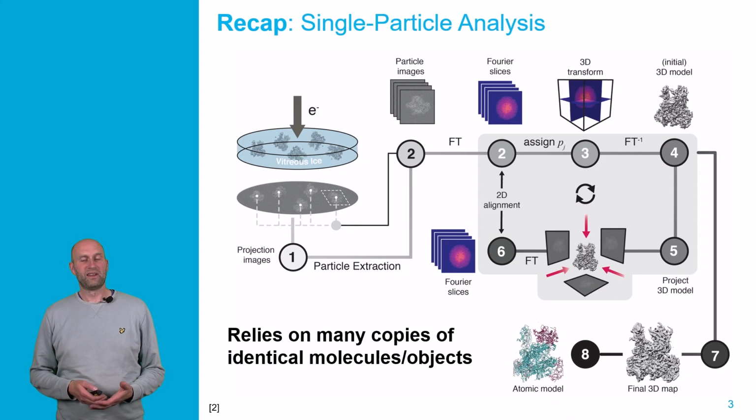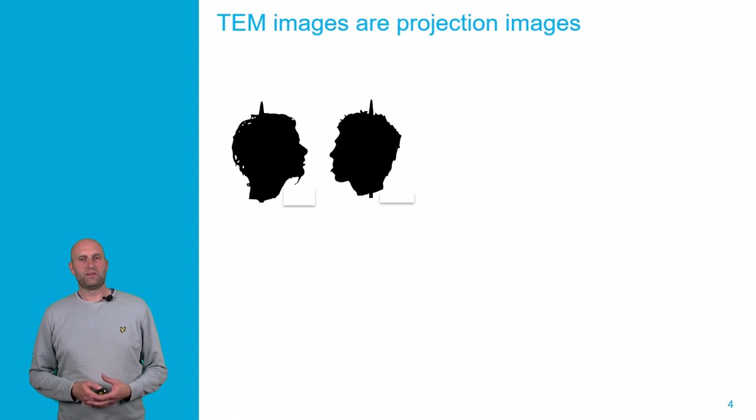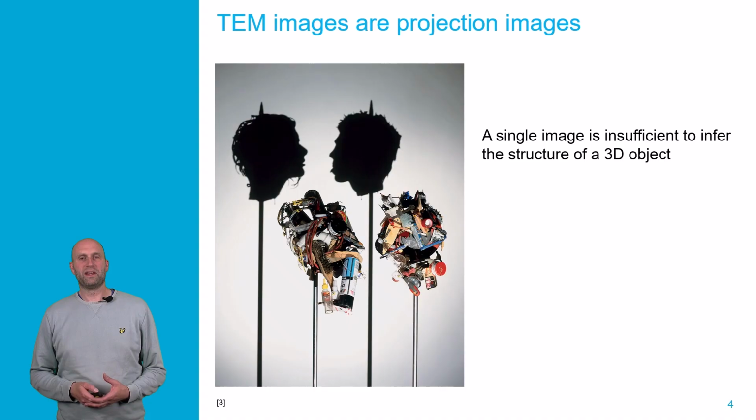Now, in this case, of course, we cannot use that approach because we only have a unique object that we are observing in projection. We also know that transmission electron microscope images are projection images. And we know from our discussion that a single projection image is insufficient to infer the structure of a 3D object. So how can we then reconstruct a three-dimensional representation of a unique object that we have observed in projection?